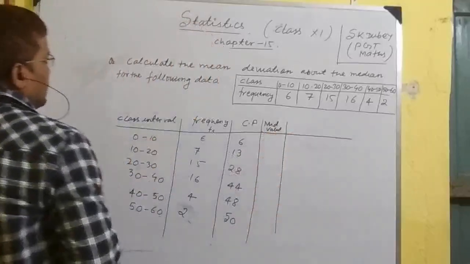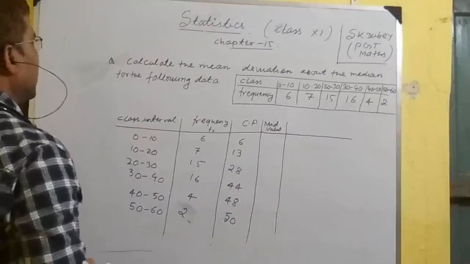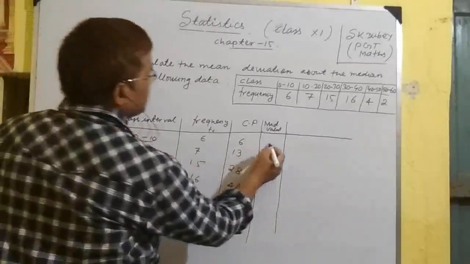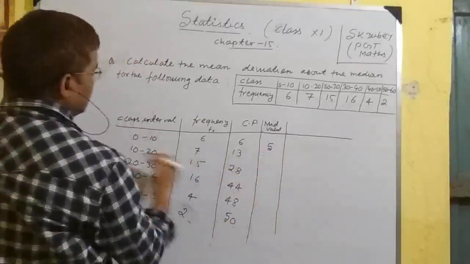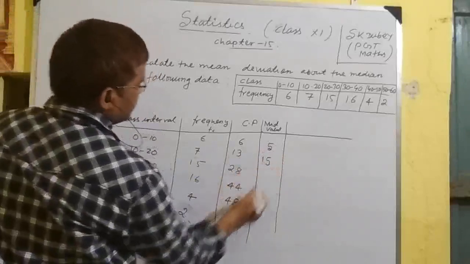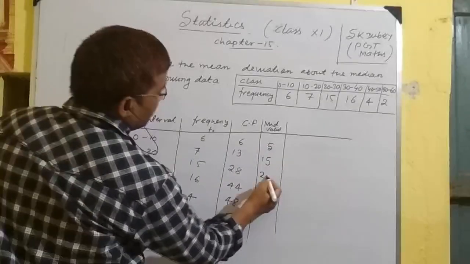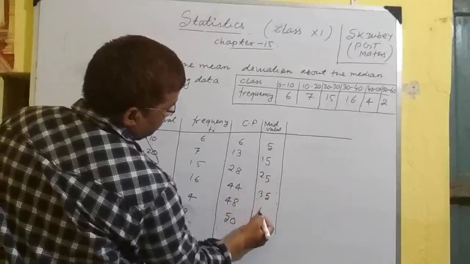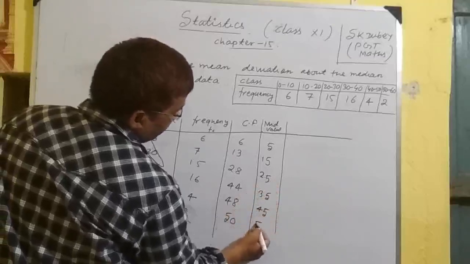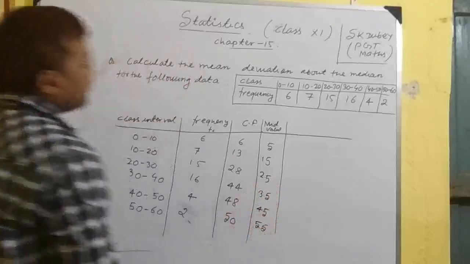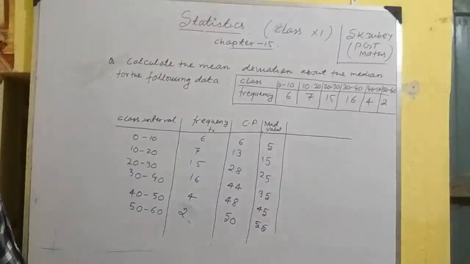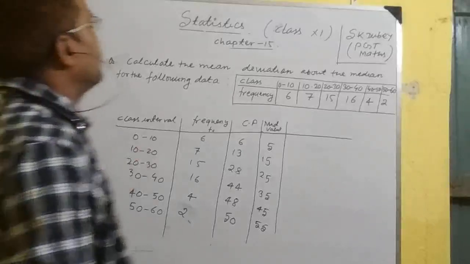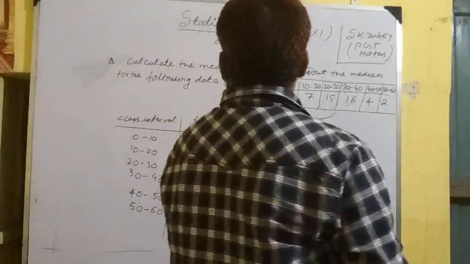That is lower limit plus upper limit by 2: 0 plus 10 by 2 is 5, then 15, 25, 35, 45 and 55. Now first of all, we will calculate the median of this frequency distribution table.